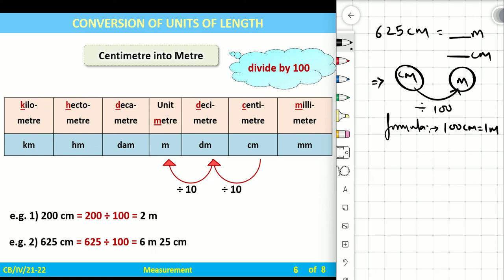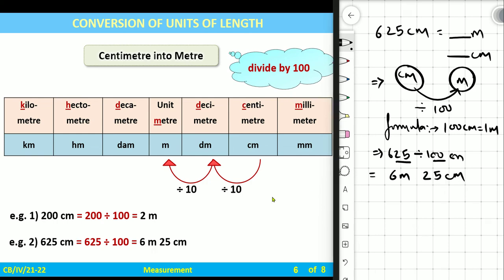Let us divide 625 by 100. These are two zeros. Leaving the 25, we get 6 meter, and the remaining 25 will be our centimeter. It's 6 meter 25 centimeter. Is it correct? Yes, our answer is correct.